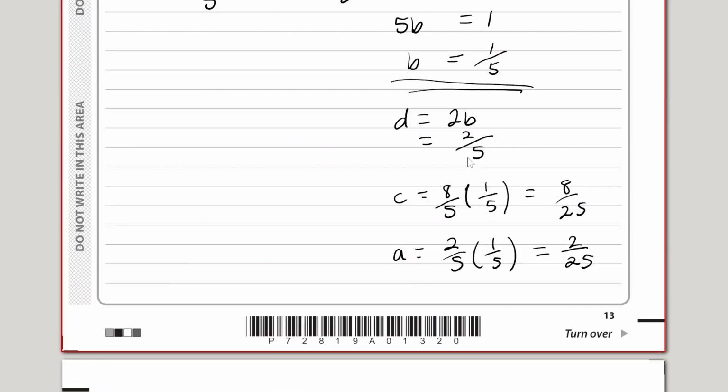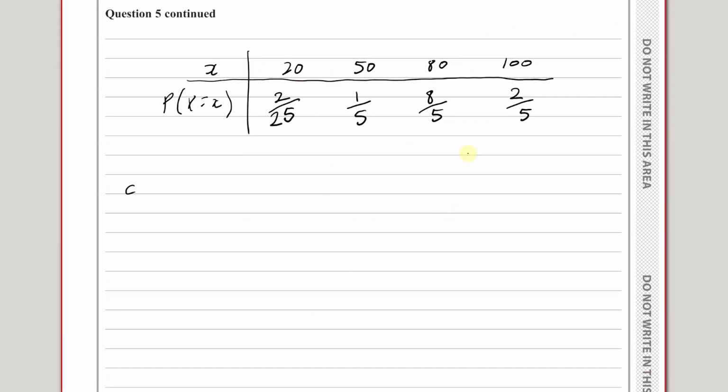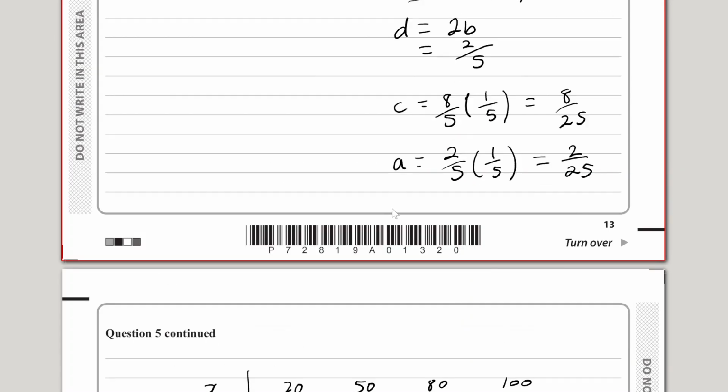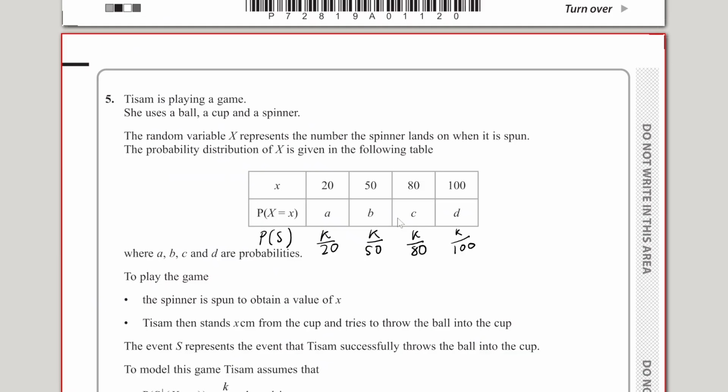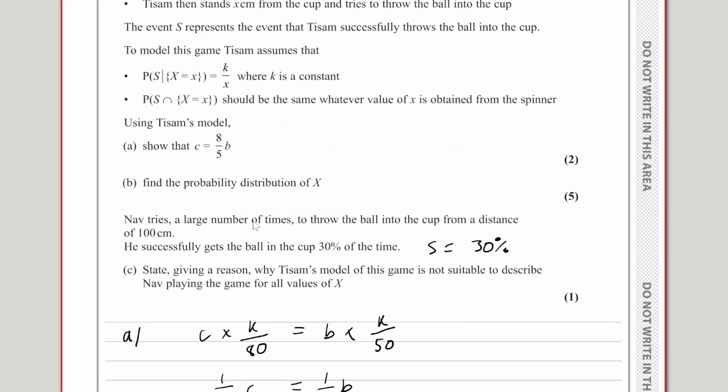Part C. So if K would be 30, it doesn't work because if K's 30, that's fine for the 100, but you can't have 30 over 20 for A when it's 20 centimeters away, because that's bigger than 1. So the chance of getting it in can't be more than 1.